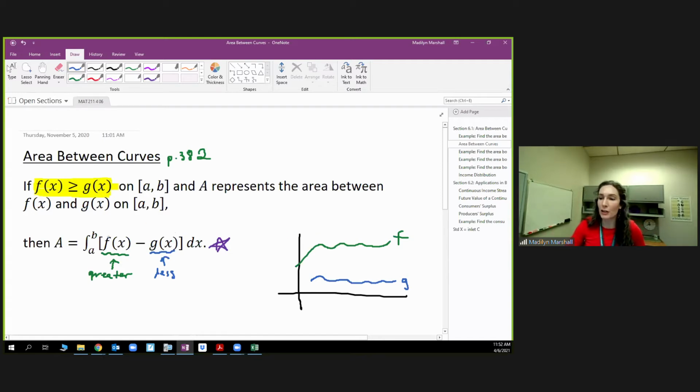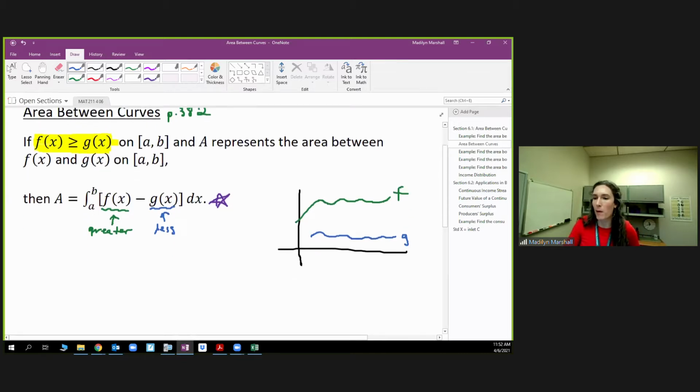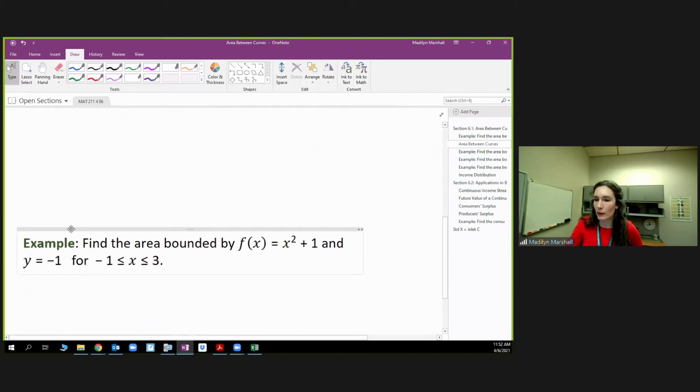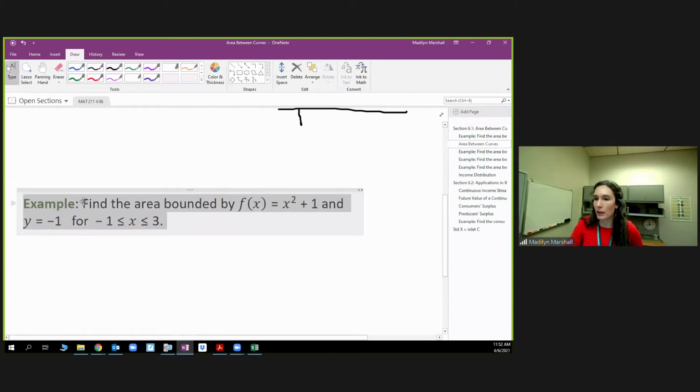So this is just a general f and general g, but really the thing that needs to go first is the function that is on top in the graph. So that will come up in a little bit. So let's just start with an example.